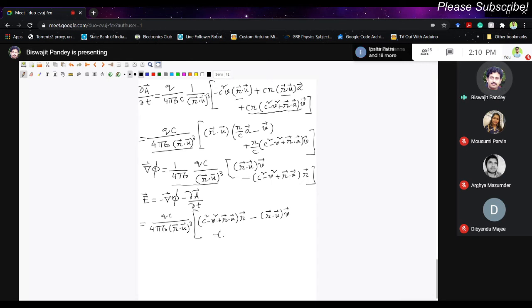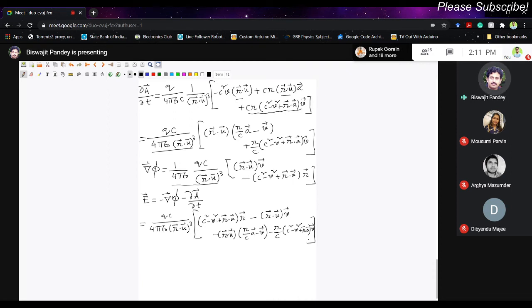Minus r dot u into r by c times acceleration minus velocity, and minus again, minus r by c into c square minus v square plus r dot acceleration times v, right? Done.